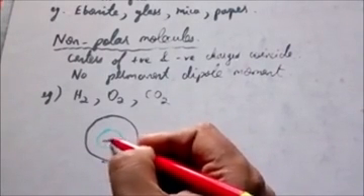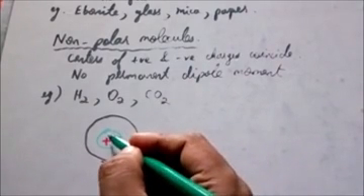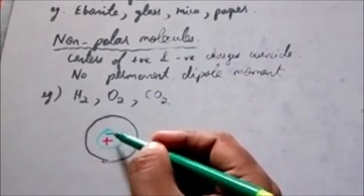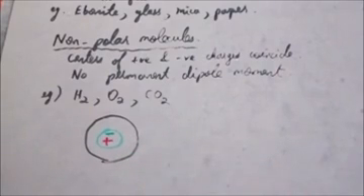This is the positive charge, plus, and for minus, let me use this color here. So the centers of positive and negative charges coincide, and they have no permanent dipole moment. The positive and negative charges are not separated. They don't form a dipole.